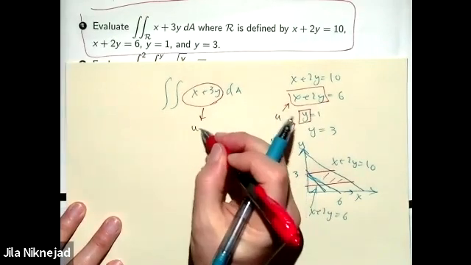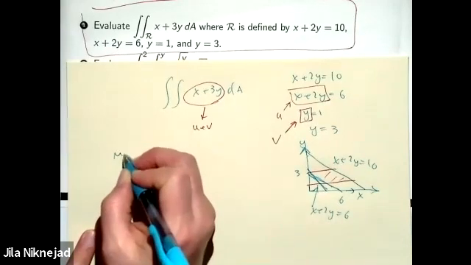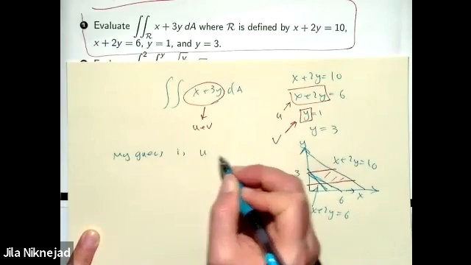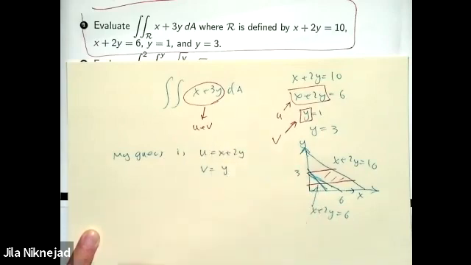That becomes U plus V, right? And this change of variable makes the region rectangular and nice to work with. So that's what I'm going to do. So my guess is U equal to x plus 2y, V equal to y.